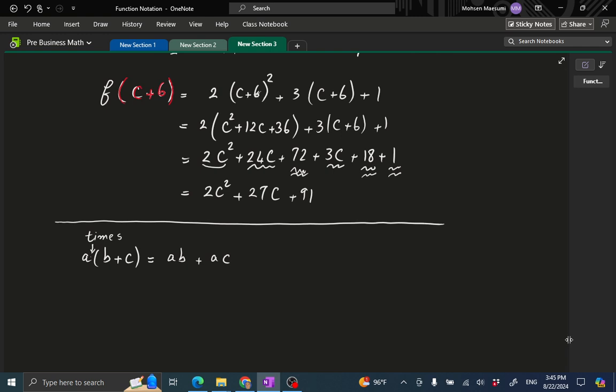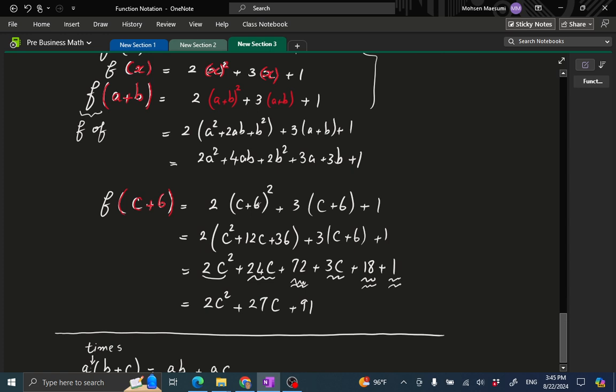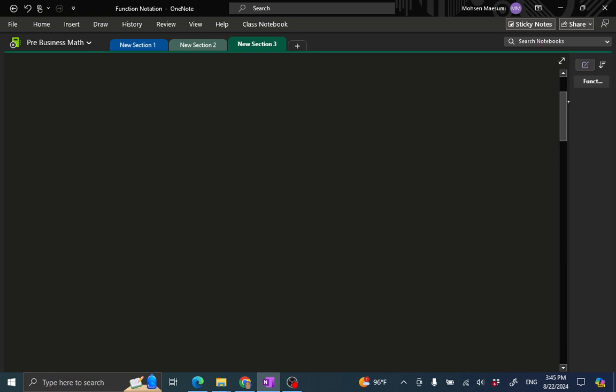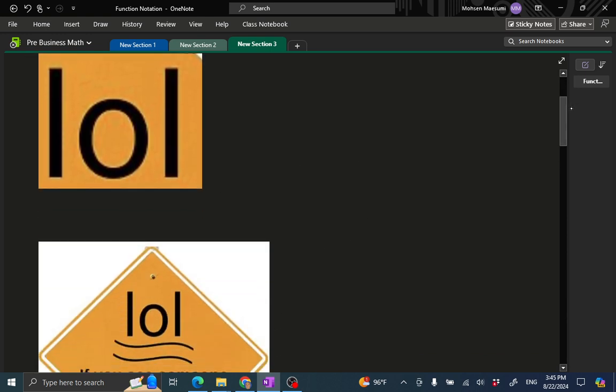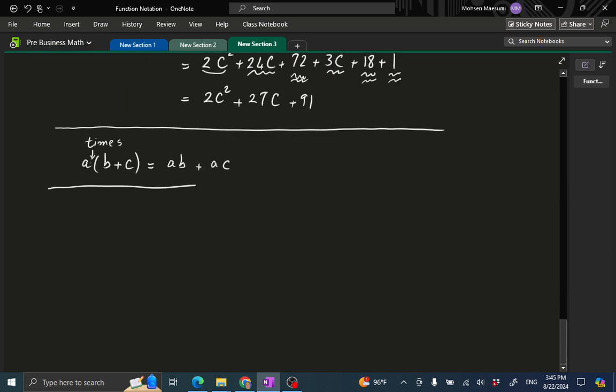In mathematics, you have to be careful. This symbol f of a plus b and this other symbol a times b plus c, these two are very similar to each other. So you're facing the following situation. So let me write here. If I write this, you are rightfully confused as to, well, what is this thing?